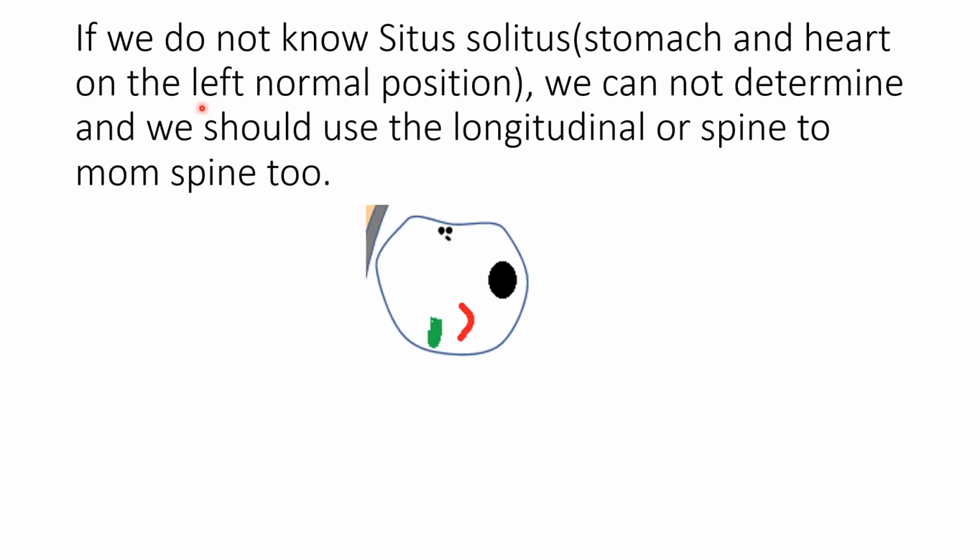If we do not know situs solitus, meaning organs or stomach and heart on the left in normal position, we cannot determine, and we should use the longitudinal or spine first. When in longitudinal or sagittal, the spine is at the left side of mom, so the baby is looking at the right side.